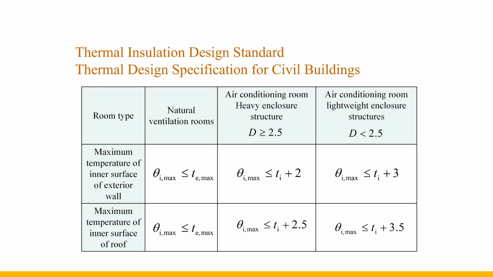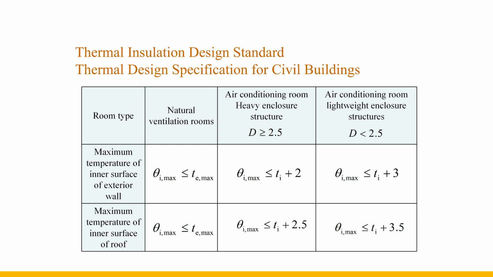The natural ventilation room mainly controls the internal surface temperature and requires a certain attenuation multiple and delay time to avoid overheating. According to the thermal design specification of civil buildings, the maximum temperature of the inner surface of the external wall should be less than or equal to the maximum outdoor calculated temperature in summer for natural ventilation rooms.